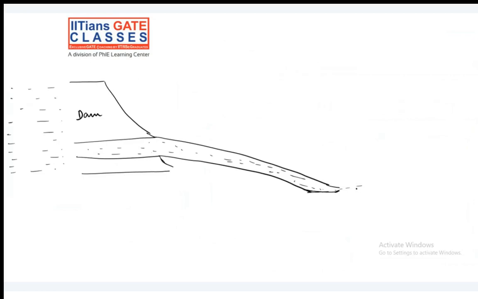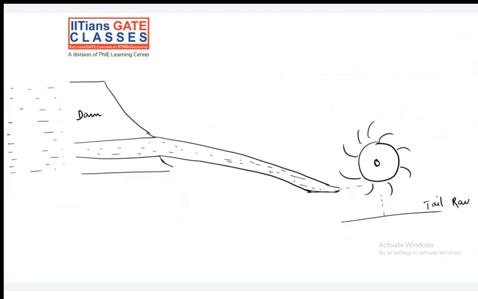Here we have a turbine, which is basically curved plates fitted on a runner, as we have studied. There are a number of plates upon which this water will strike. Got the idea? And then this water gets rejected to the tail race. This is the layout of any general hydraulic power plant.